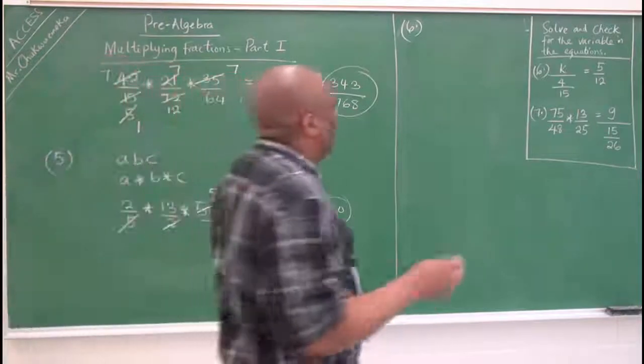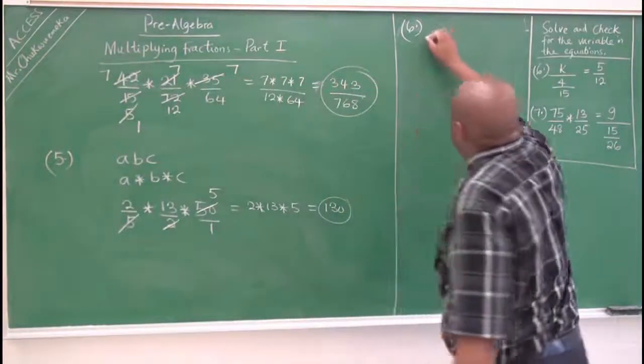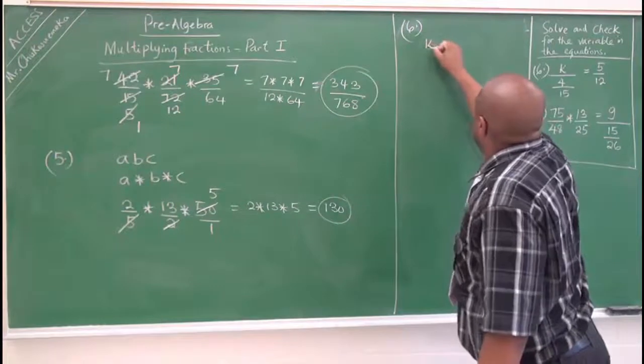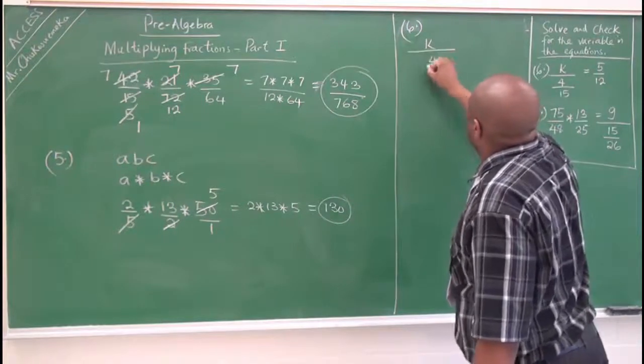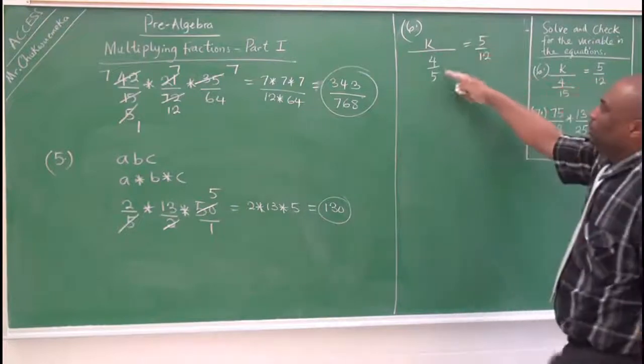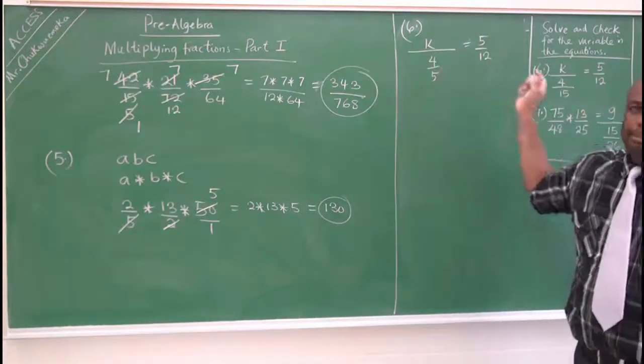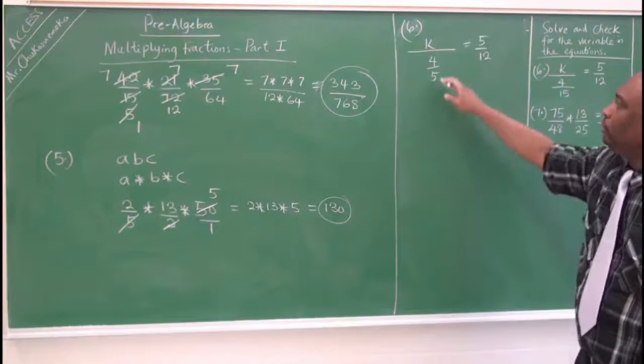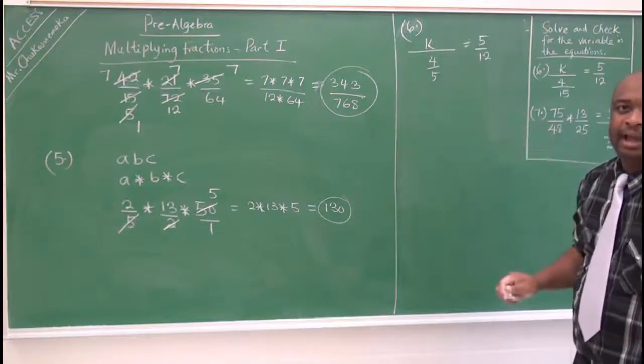Okay, so now let's solve it. We have K all over 4 over 5 is equal to 5 over 12. This is pretty straightforward. You multiply both sides by 4 out of 5.